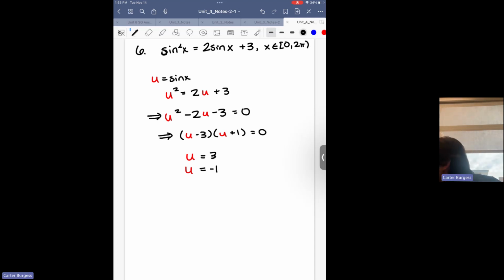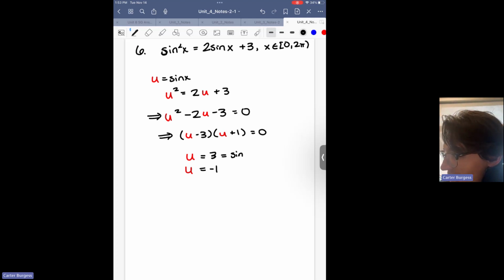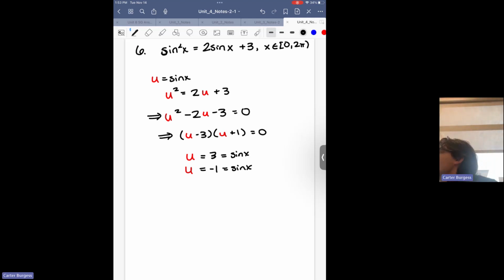Am I done? Did I find what I was looking for? No, I found u, but what am I looking for? x. So substituting back in that layer of complexity, this is really equal to sine of x. We'll start with the bottom one.